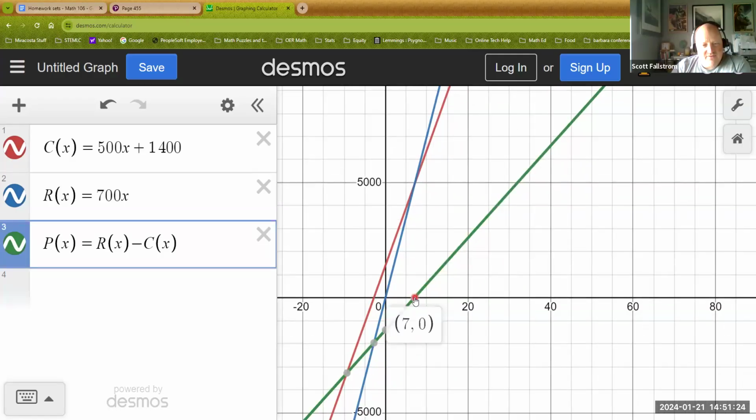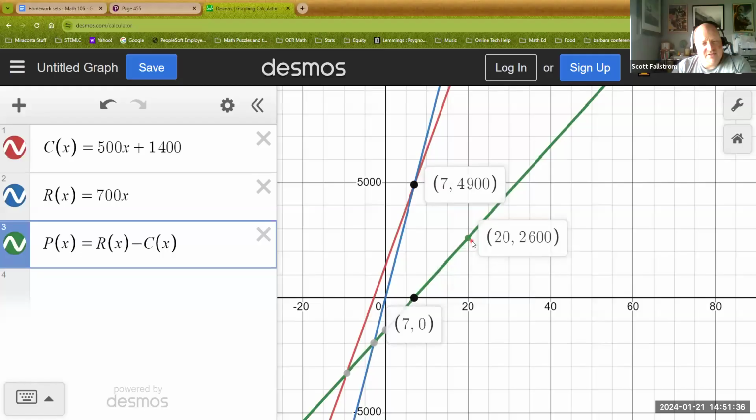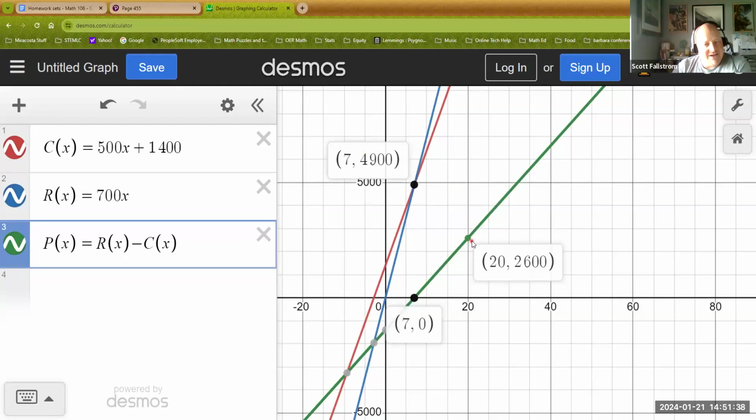So if you take a look right here, this is measuring the profit. If I do 7 bicycles, remember my revenue and my costs were both $4,900, but they subtract each other out and I'm left with 0 profit. If you click on this line, you can start to see what happens if I sold 20 bicycles. I'd have a lot more revenue than I do cost, and I'd end up with $2,600 in profit.